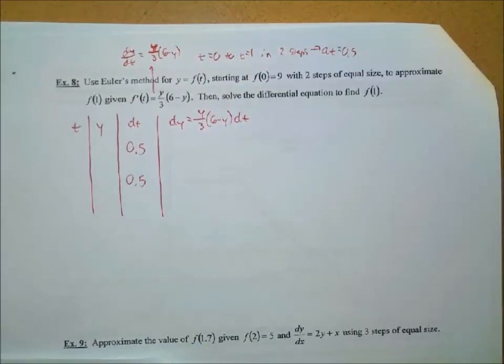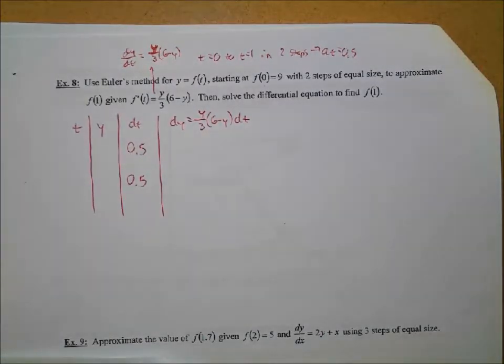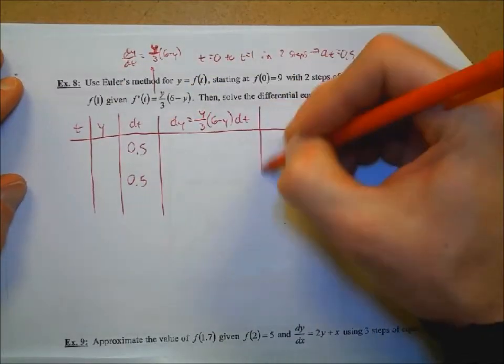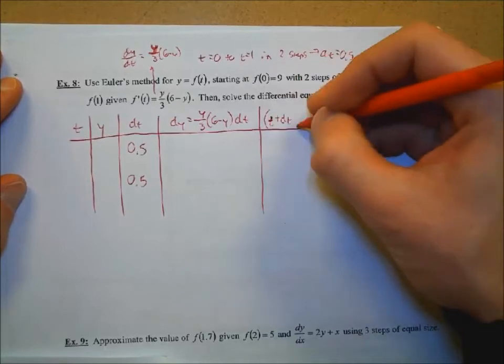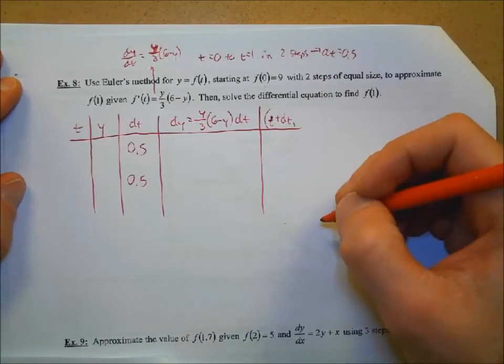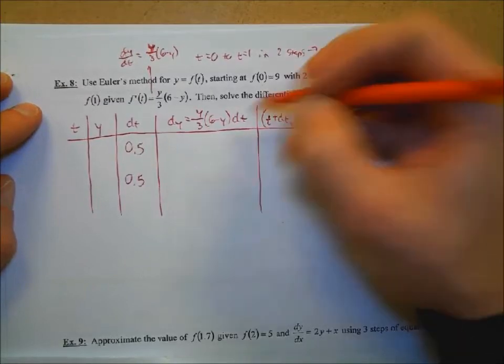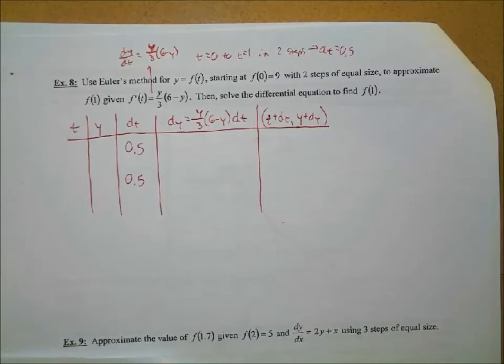Put a little dt there at the end, multiply it over. And then we'll take our old t and add our little step to get us closer to that point that we're trying to approximate. And then we'll take our y and add its little step based on the differential equation there, to get us to that point we're trying to approximate.